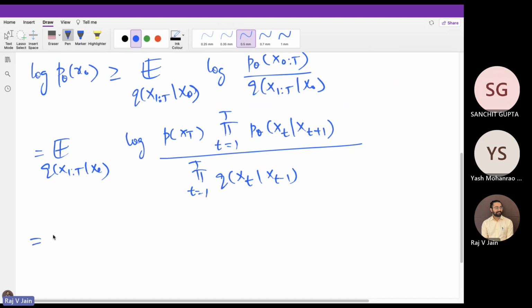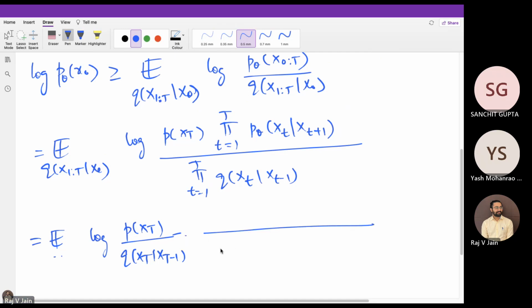Now this can again be written as the same expectation over log p of xT, with q of xt given xt minus 1 applied here. That's one term. Second, the product for t equal to 2 to capital T. Now this term I can write as the same, where we take p theta of x1 given x naught outside, t equal to 2 to capital T again.